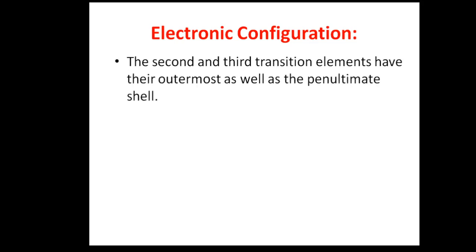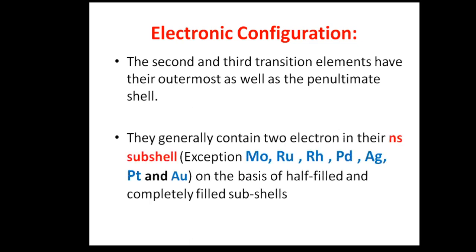We will see that incomplete outermost shell in the incoming tables. Commonly they all have 2 electrons in their ns subshell. This is very important, but not all have 2 electrons in the ns subshell.